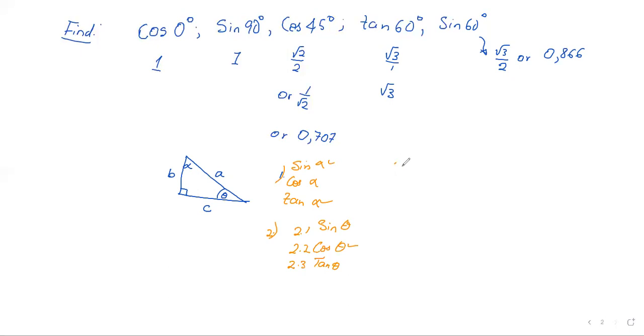Now, the sine of alpha, that's my alpha. Sine by definition is opposite over hypotenuse. What is opposite to alpha is C. Hypotenuse is the longest one. The tangent is opposite over adjacent.